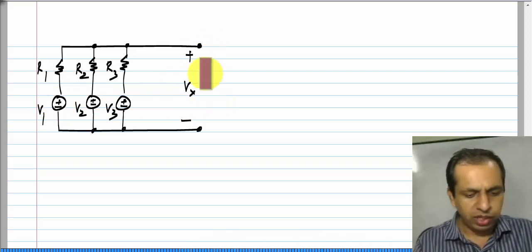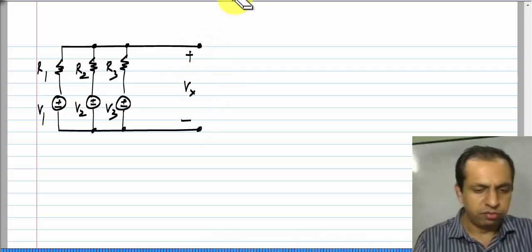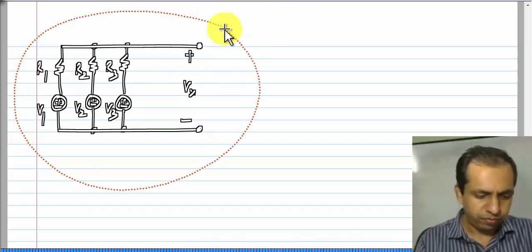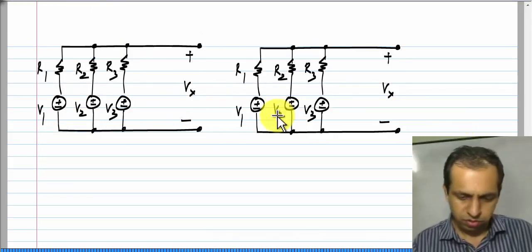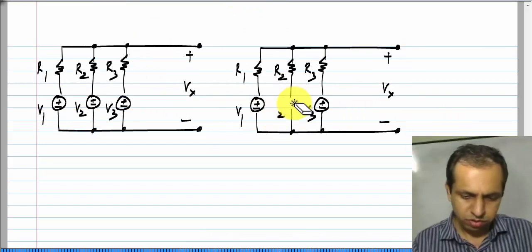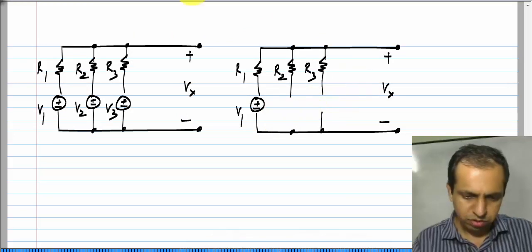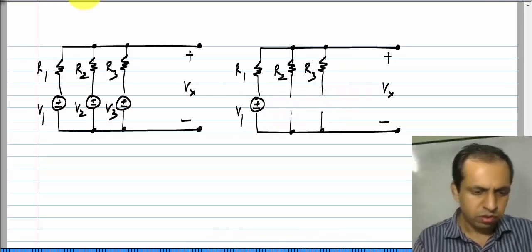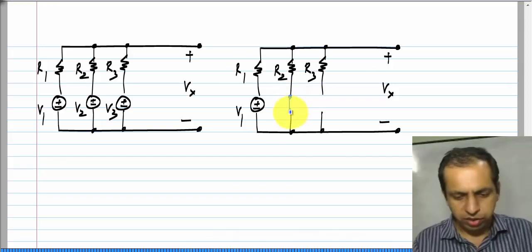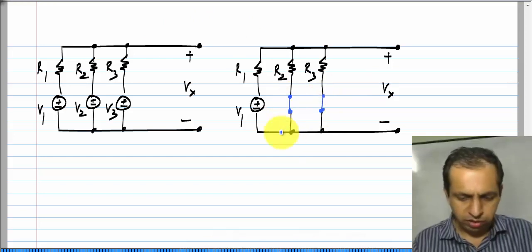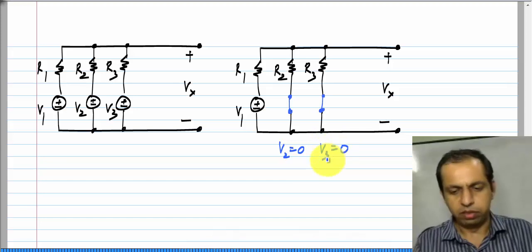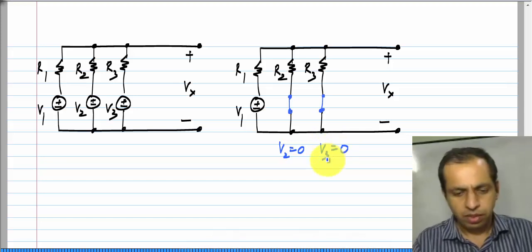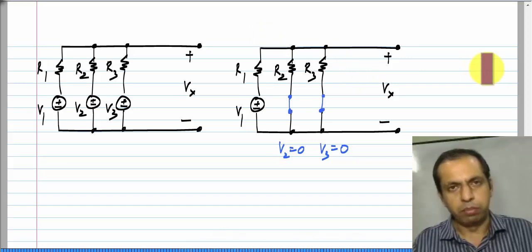Now, when I have only one of these sources and I am trying to find this, for instance, now I have the same circuit with V 2 set to 0 and V 3 set to 0.